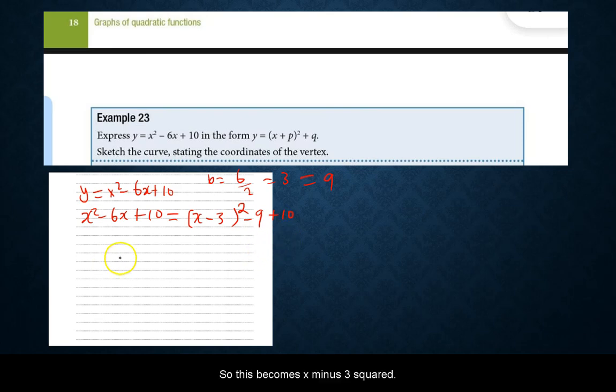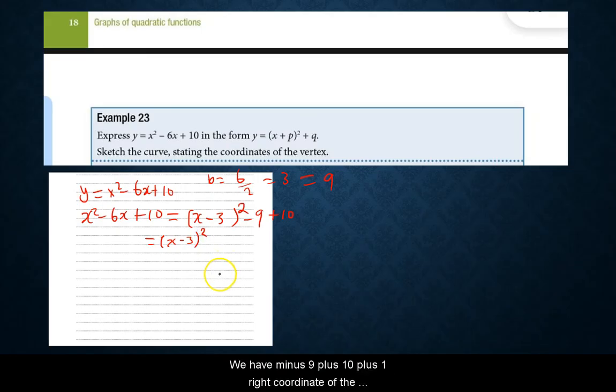So this becomes (x minus 3) squared, and we have minus 9 plus 10, which is plus 1, right?